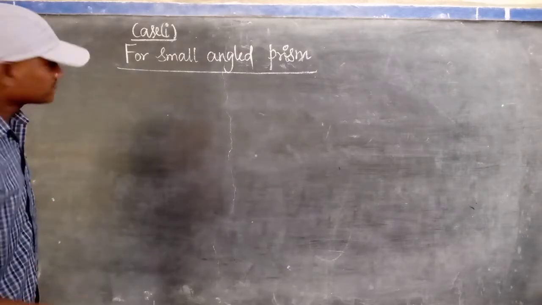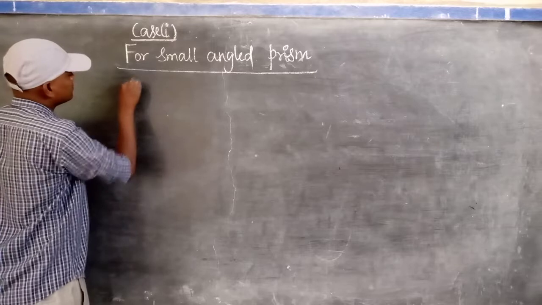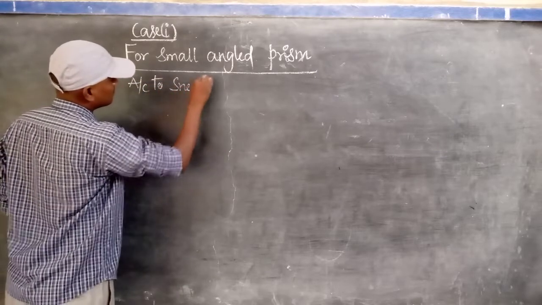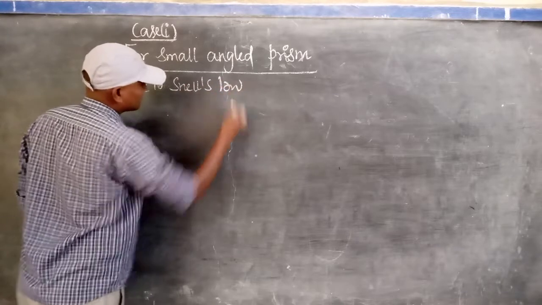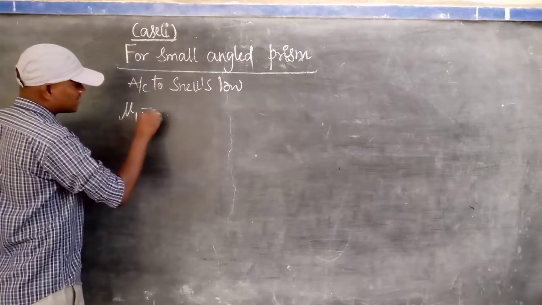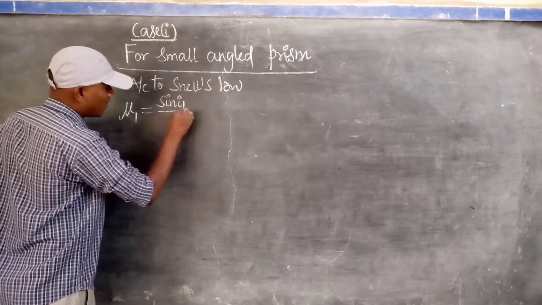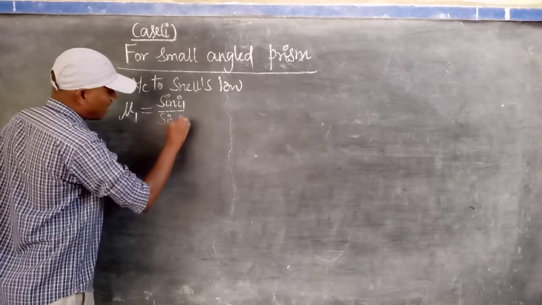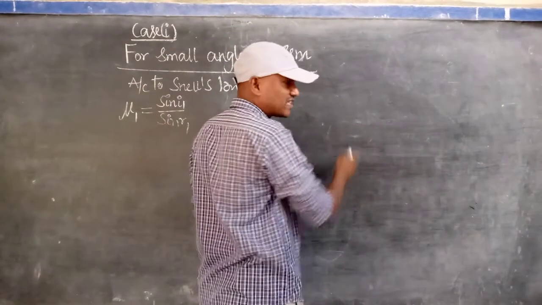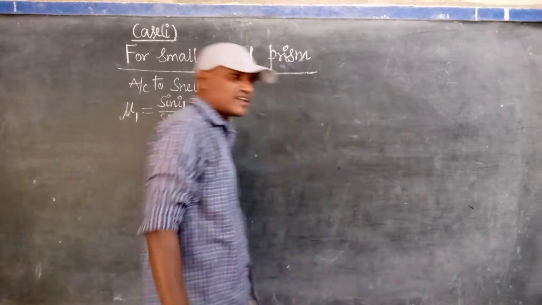So we know, according to Snell's law, mu1 is equal to sin I1 upon sin R1 for the XY surface. For the XY surface, the incident ray is there and the refracted ray is there.